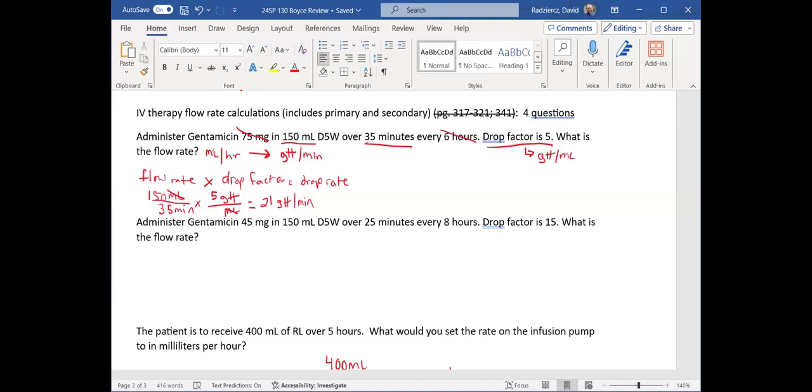If you put 22, I think you could argue it, but I also don't think that you would get a question like this anyways, where it would be ambiguous as far as the answer. And then someone asks, so the 6 hours do not matter? Correct, because the flow rate is volume over time, and then we're just going to continue that flow rate or repeat it every 6 hours, because the gentamicin is going to be done in 35 minutes.